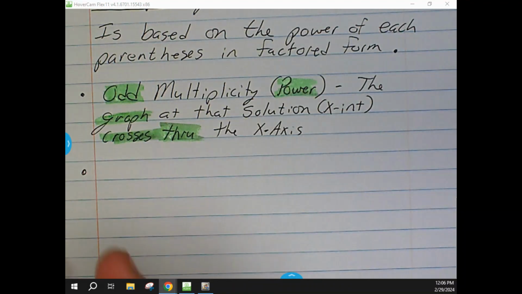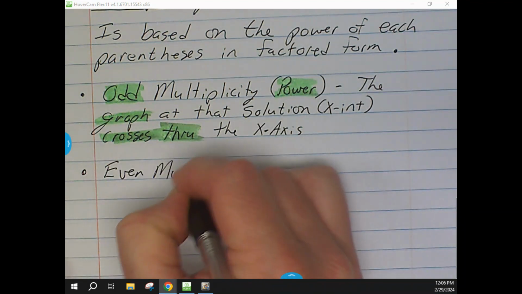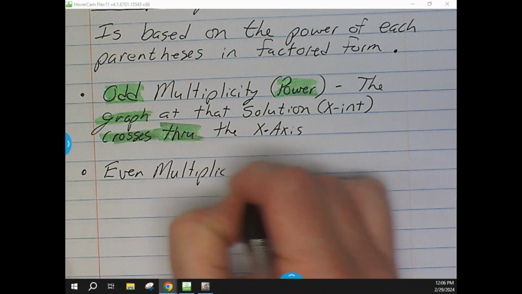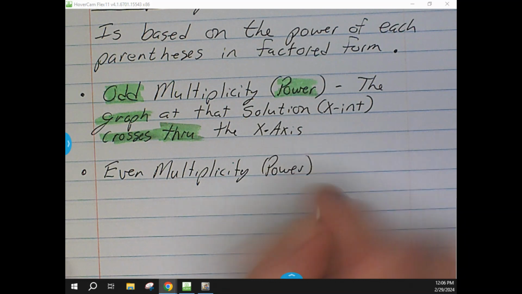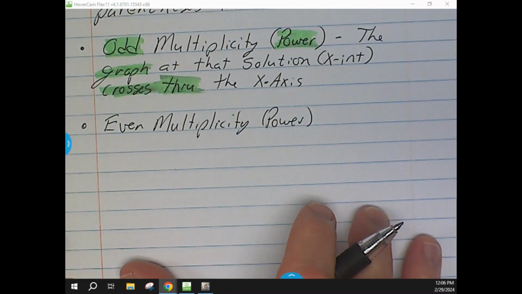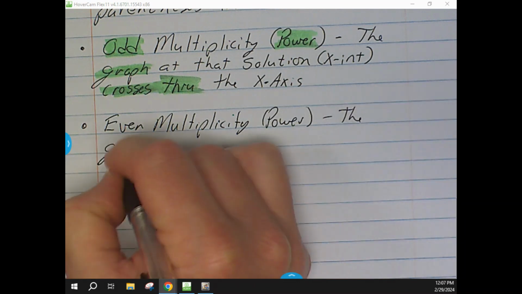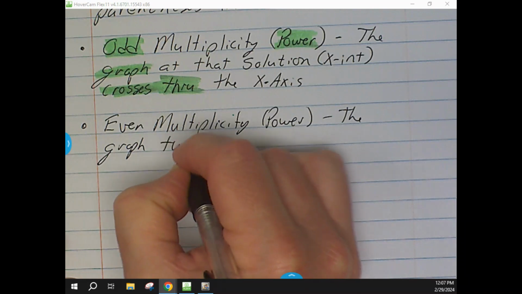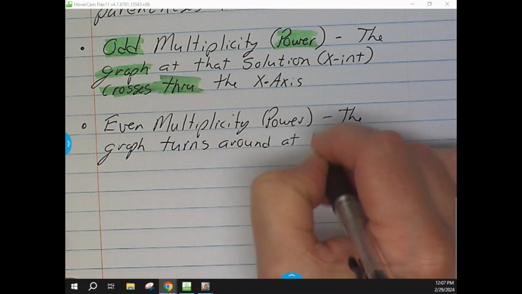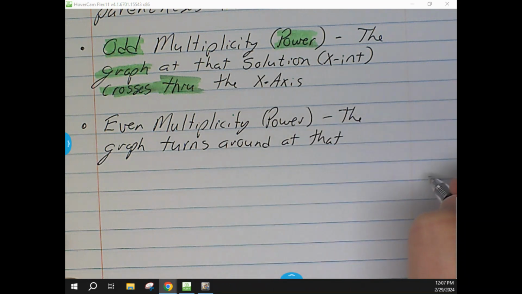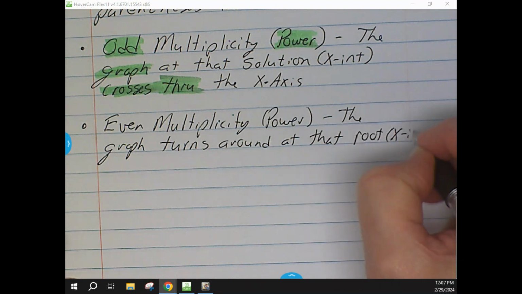Okay, so numbers are either even or odd, so we've got to look at the even part over here. If you have an even multiplicity, or an even power, the graph turns around at that root, solution, x-intercept, whatever you want to call it.